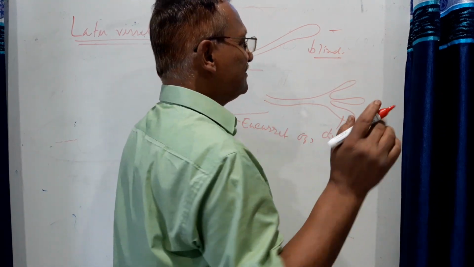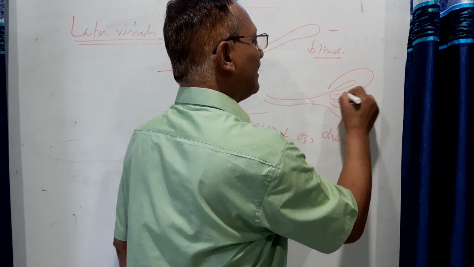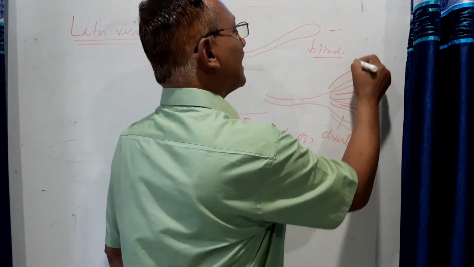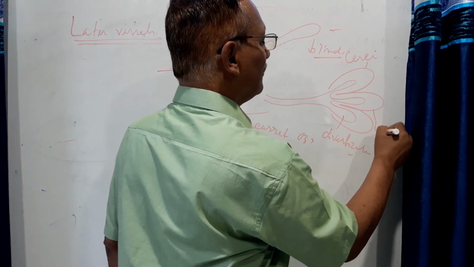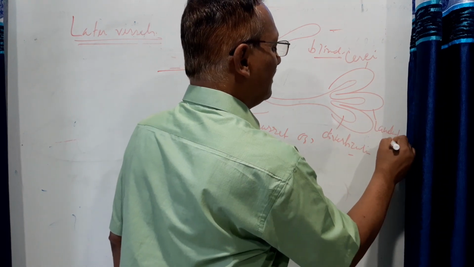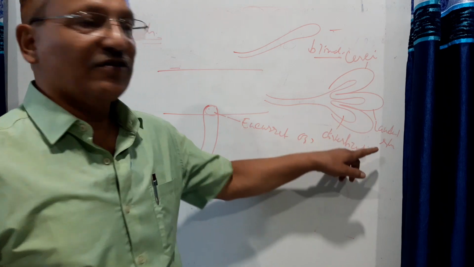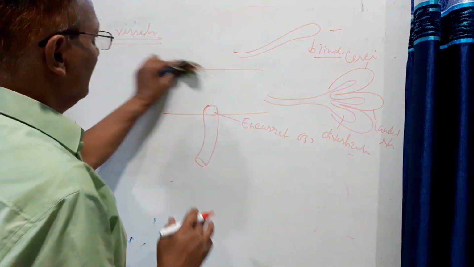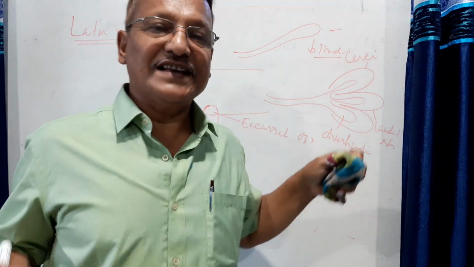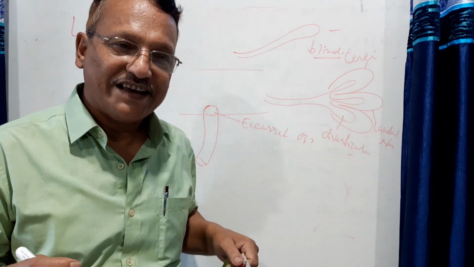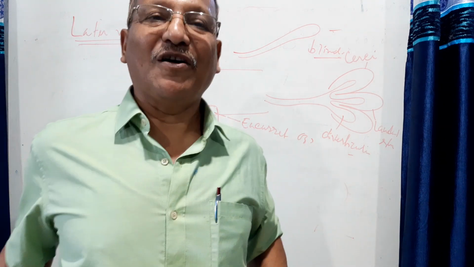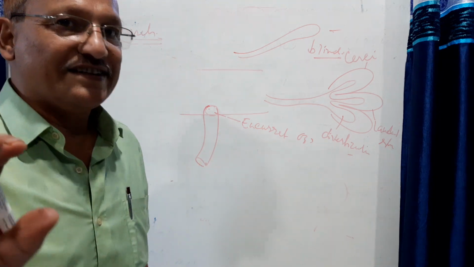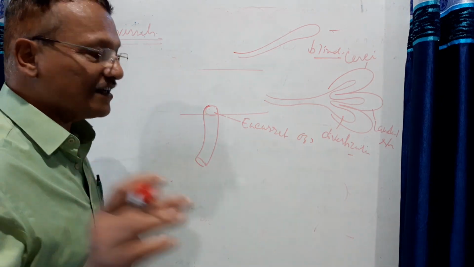Say, for example, the cerci or caudal style. Have you heard the term cerci and caudal style? Depending upon the presence and absence of cerci and caudal style, you have to identify the male and female cockroach. The cerci and caudal styles are situated in the last abdominal segment.